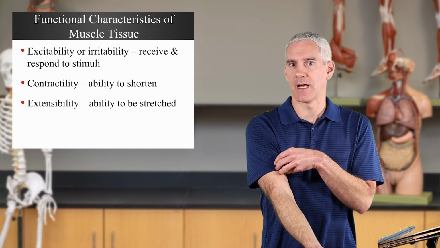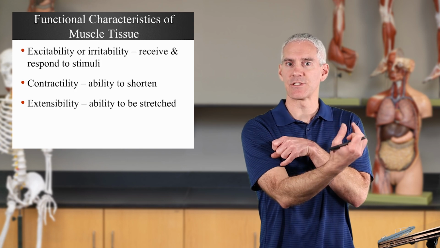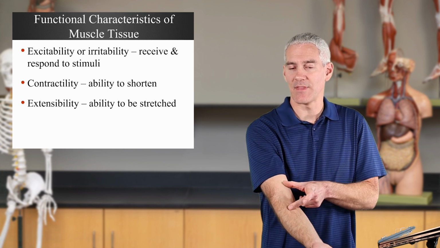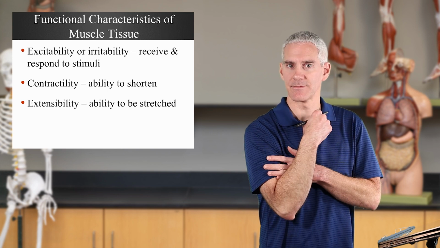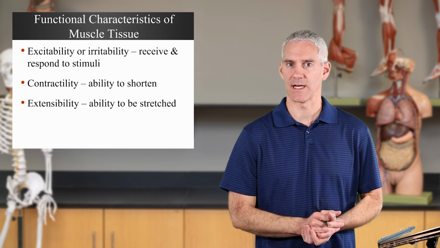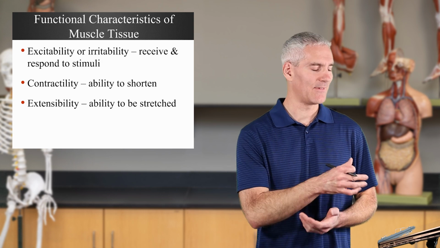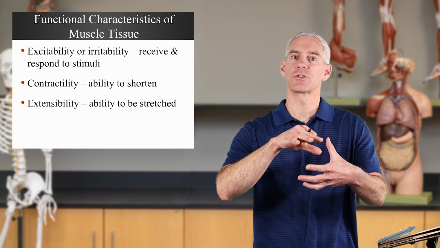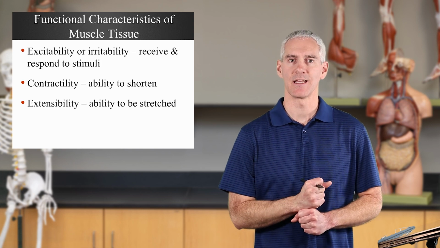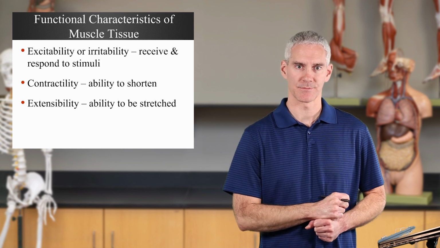The biceps brachii, muscle right here, is being stretched out at that point. Now, if that elbow flexes, the biceps brachii gets shorter. It's actually doing work that way. So the idea of extensibility, muscles can stretch out to a point. There are limits with how much the muscle can stretch.